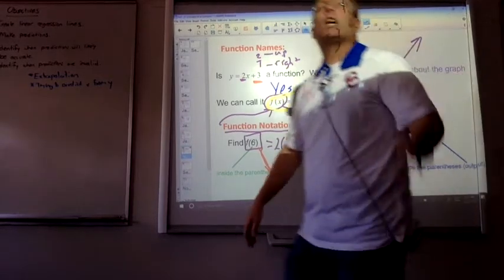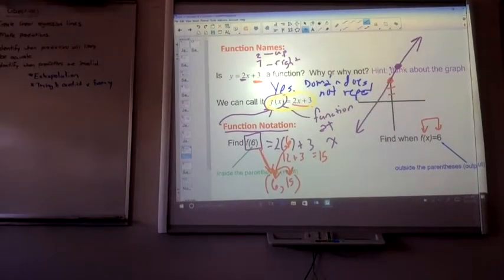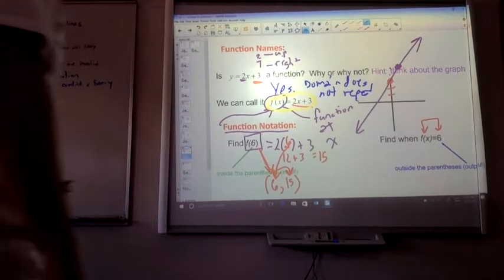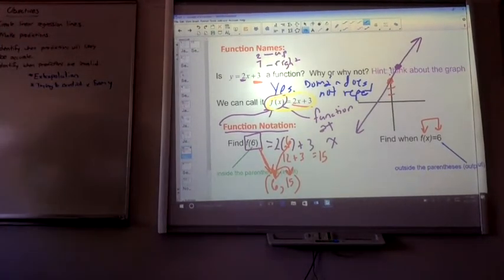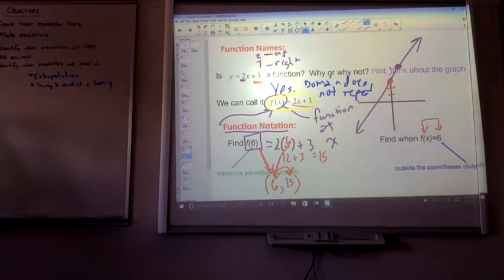So I'm not substituting 6 in for x on this one. I'm basically saying, hey, f at x is a fancy way of saying y. So this is saying y equals 6. Okay? Again, this would have been a fancy way of saying what's happening at x. Well, that's in the y direction.